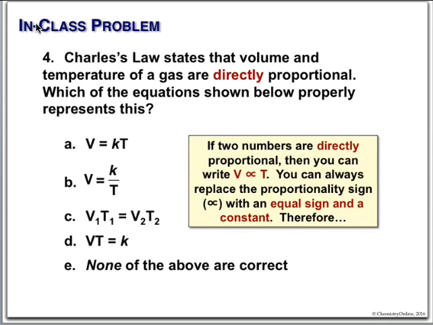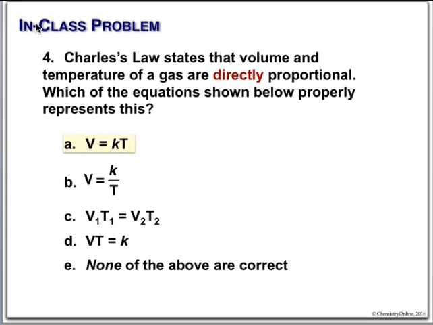So once again, volume directly proportional to T. Whenever you see the proportionality sign, you can put in an equal sign and a constant. So what Charles is saying is V is directly proportional to T. That's the only one that works.